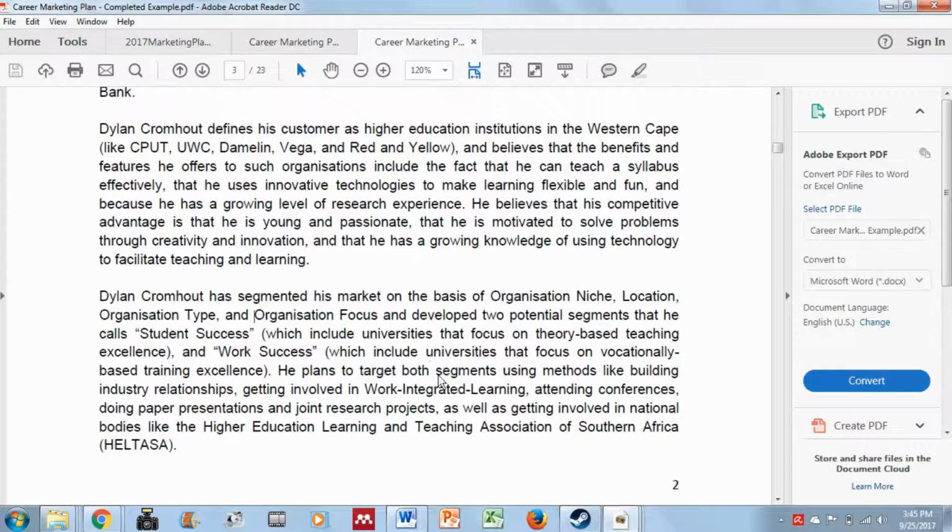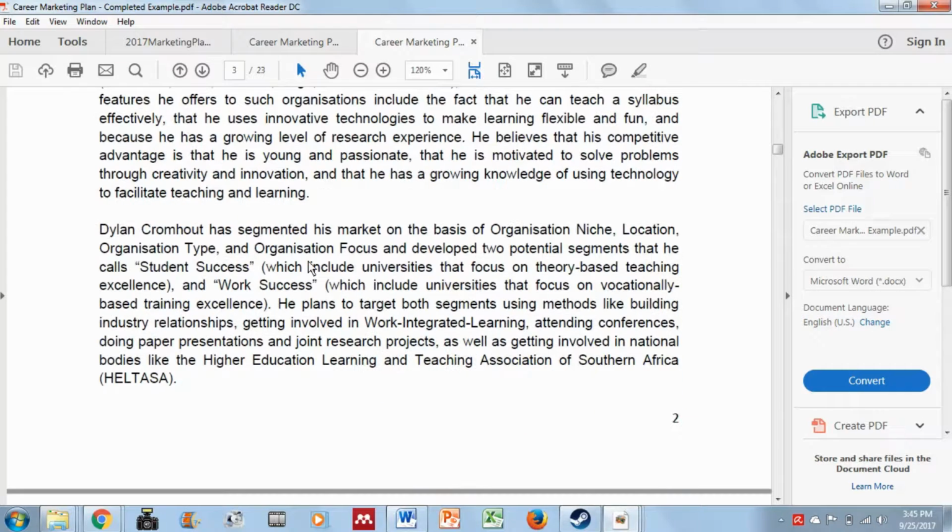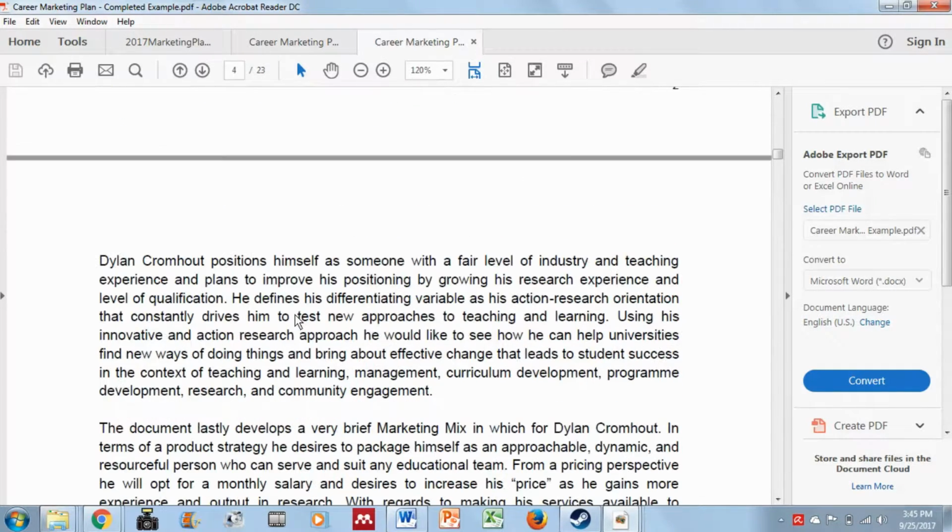I plan to target both segments in a specific way, and how I plan to target them. Then how I position myself as action research approach and action research orientation.